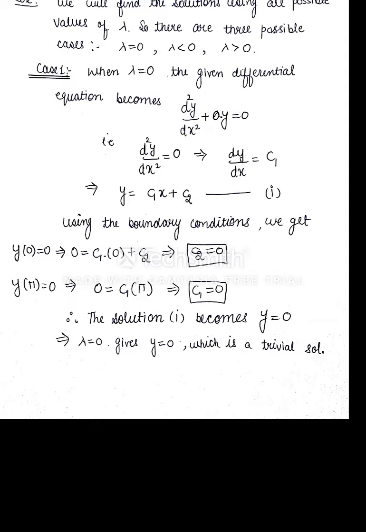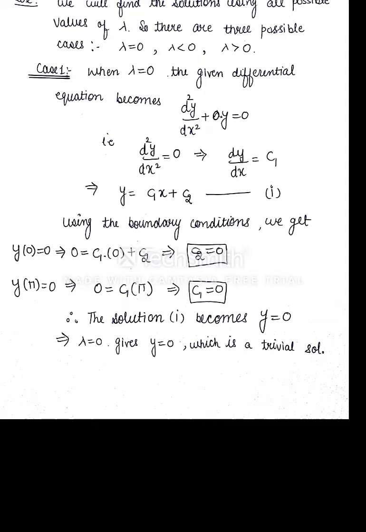Now, if we put c2 = 0, then solution 1 becomes y = c1x. Now put the second condition, that when x = π, y = 0. When we substitute this condition, we get c1 = 0.